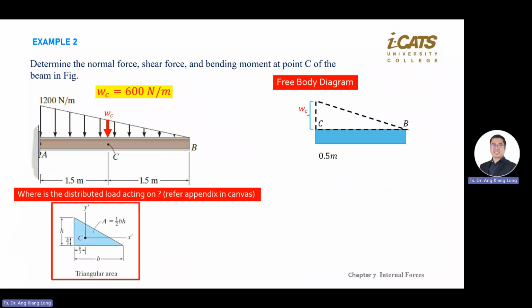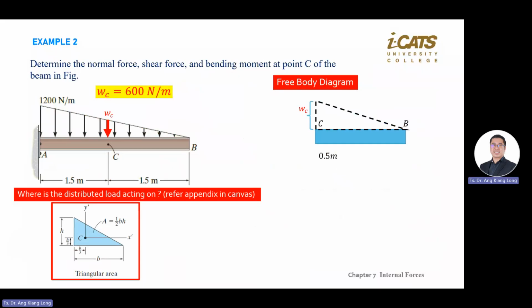This has been covered in one of the chapters. There's an appendix to find distributed load. Usually if this question comes out, we'll give you this at the back of the question. So this is a triangular, so we look at this formula. If you have a triangular distributed load, the center of focus of the weight will always be at a quarter of the shape, from the base.